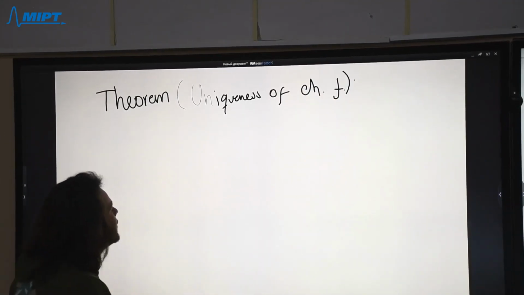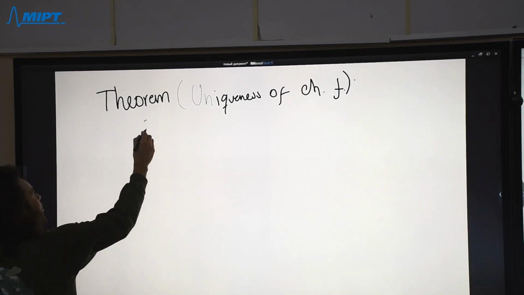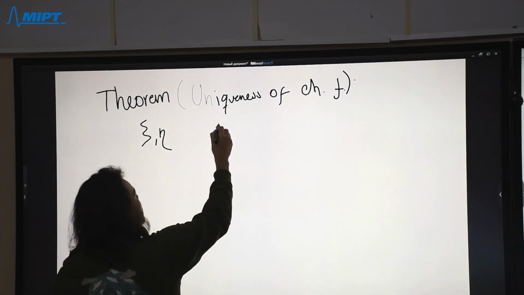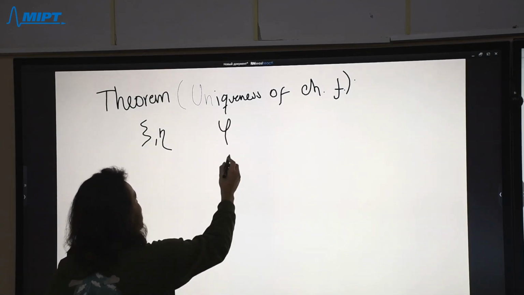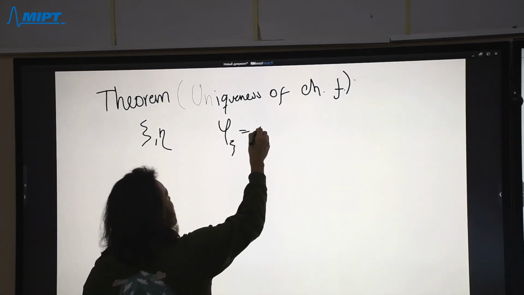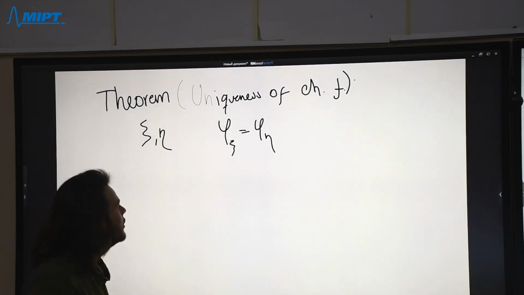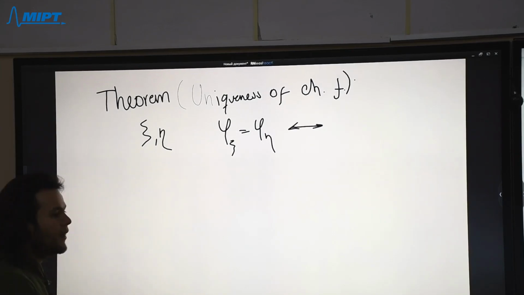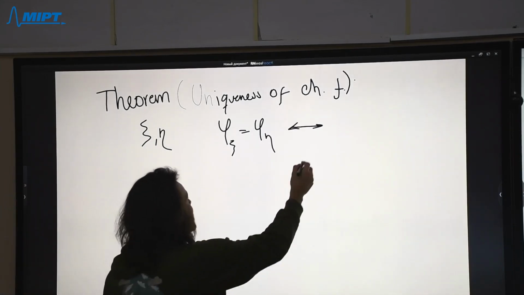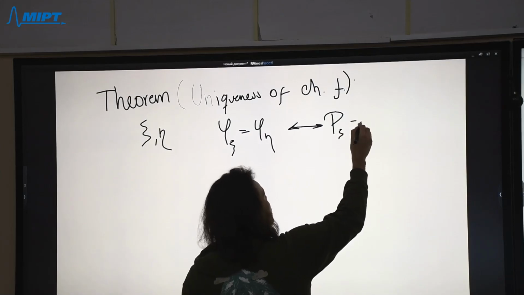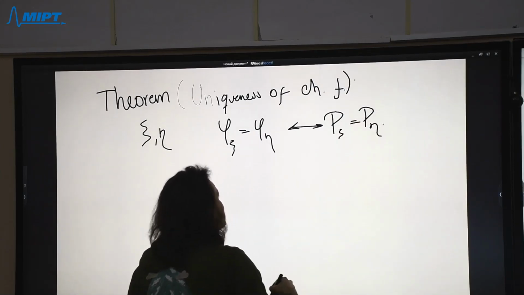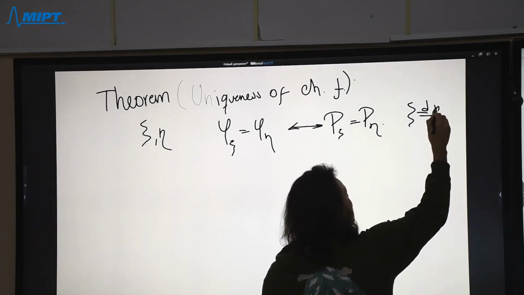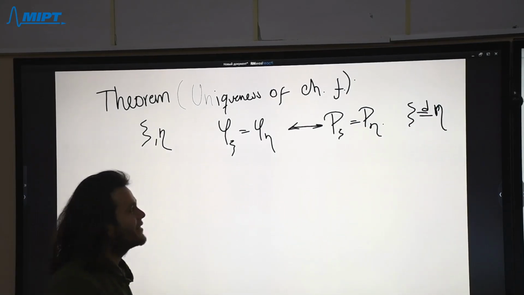It means that if we have two random variables Psi and eta, and the characteristic function of Psi is equal to the characteristic function of eta, this is true if and only if the probability distribution of Psi is equal to the probability distribution of eta. So it means that Psi and eta have exactly the same distribution, right?